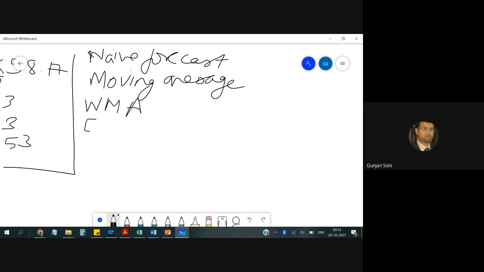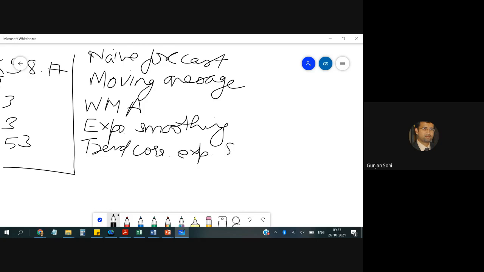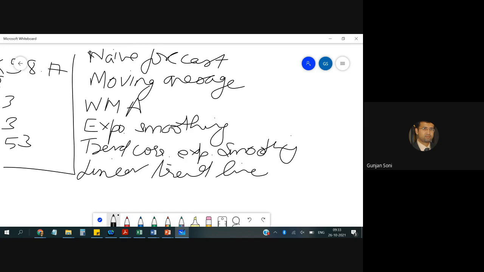Then we talked about exponential smoothing. Then we talked about trend corrected exponential smoothing. After this, we talked about linear trend line. And after that, we talked about seasonality corrected linear trend line.